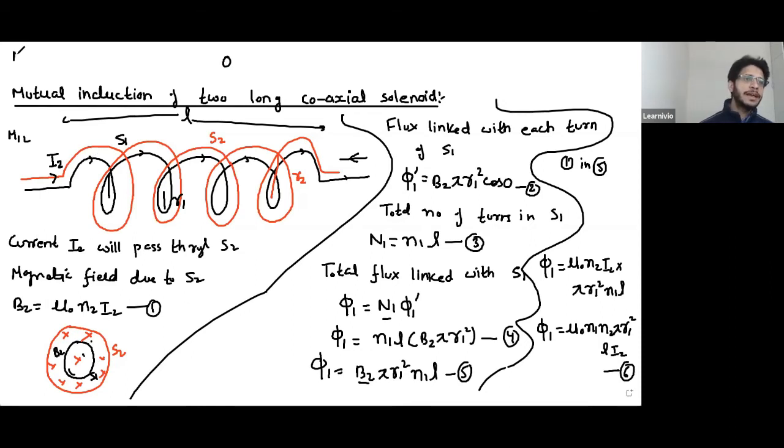Now if I say that M12 is the mutual inductance, then I can write the flux in terms of mutual inductance. In terms of mutual inductance, phi 1 is M12 I2. That's equation number 7.